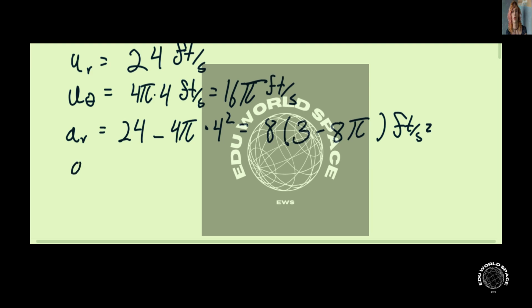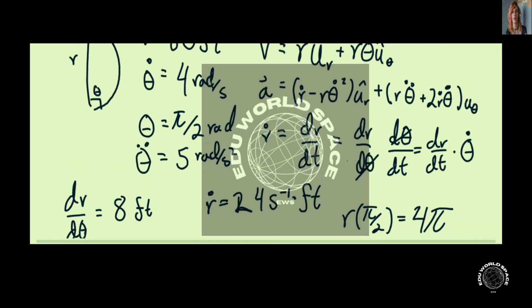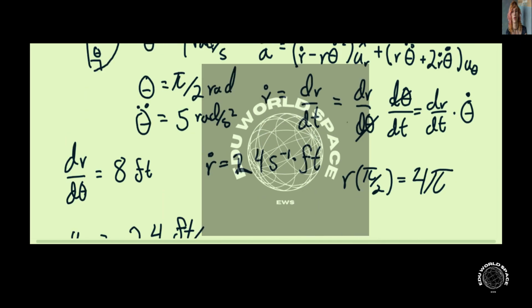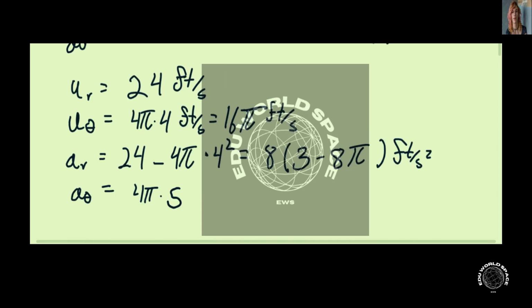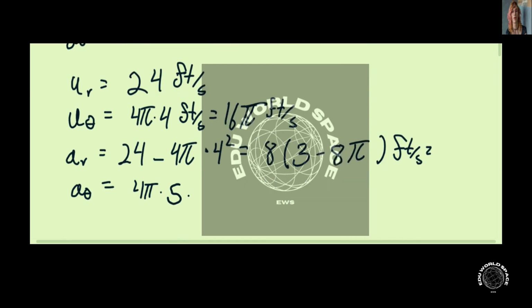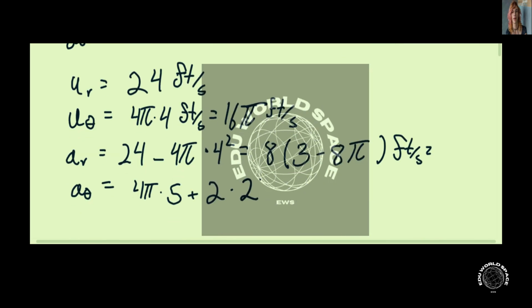And a theta is going to be r times theta double dot plus 2 times r dot theta dot. So that's 4 pi times 5 plus 2 times 24 times 4.